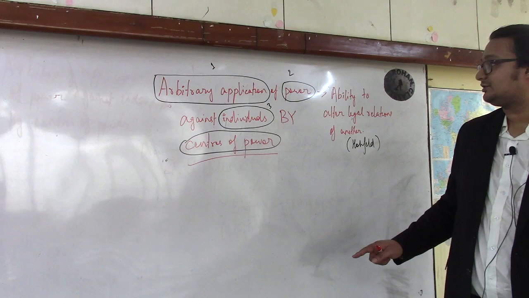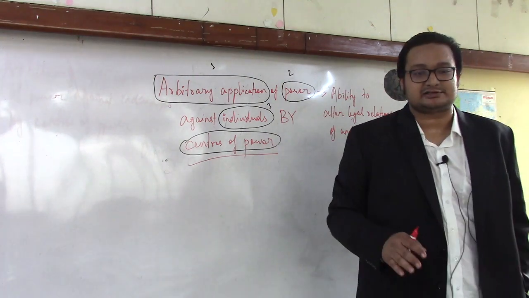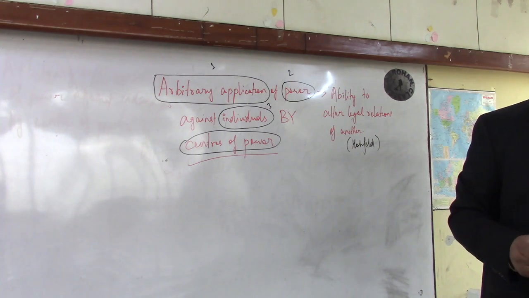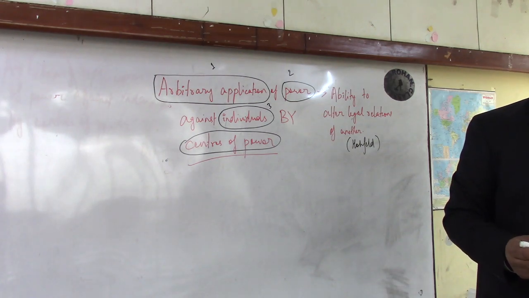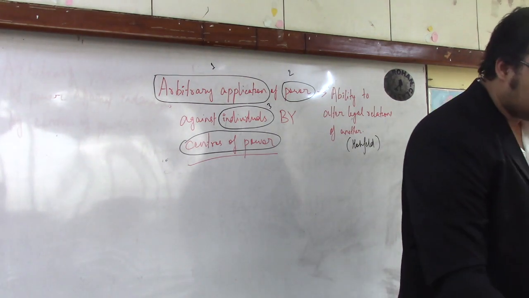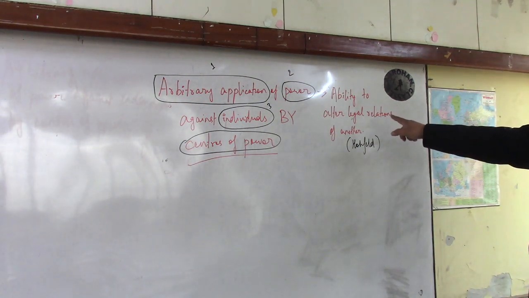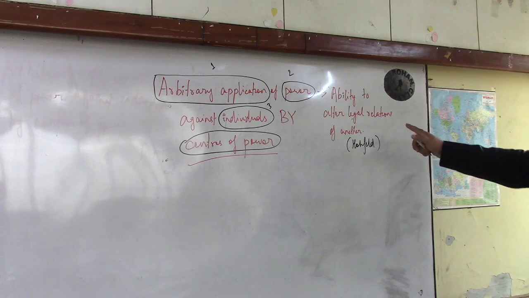Centers of power over here means either your executive or your legislature, right? Is this much clear? Yes, sir. Okay. Do you have any confusions? You don't have to write this particular thing down, ability to alter legal relations.